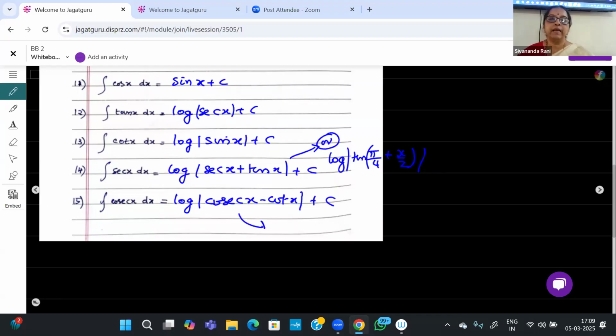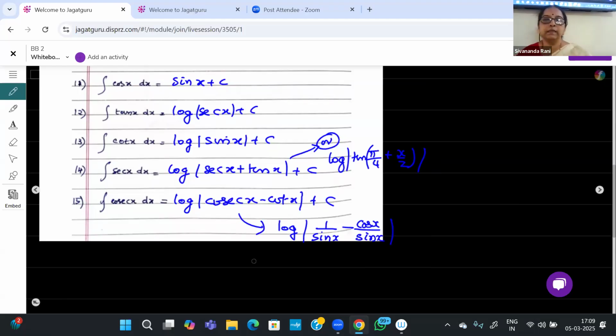And similarly, does anyone know the equivalent result for this? If you don't know, you can create it, okay? Because cosecant is nothing but 1 by sine, and cot is nothing but cos by sine.